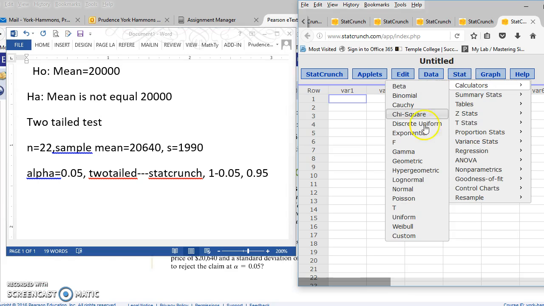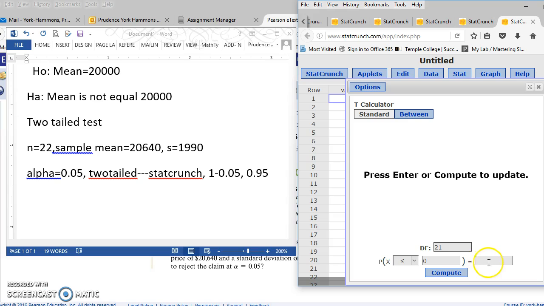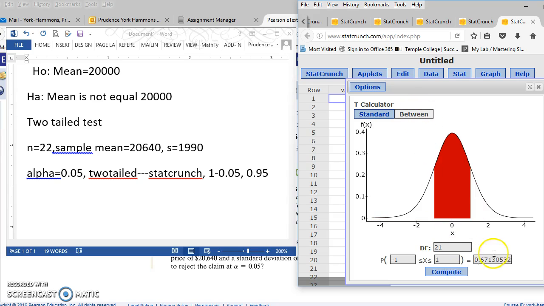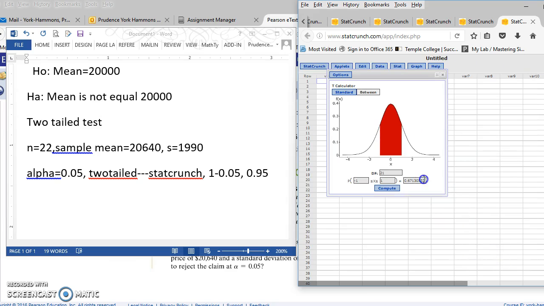So I go to the calculators, the T calculator. My N is 22, so I have 21 degrees of freedom. 0.95 is the area that I'm looking at, but it needs to be for the between. I'm so sorry. It needs to be for the between. 0.95.